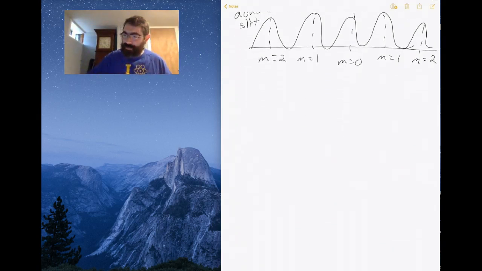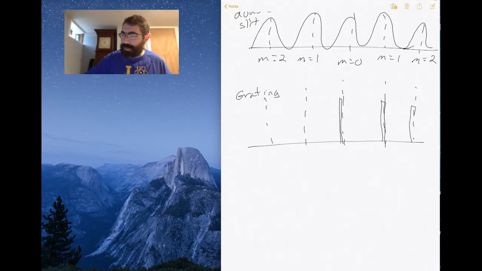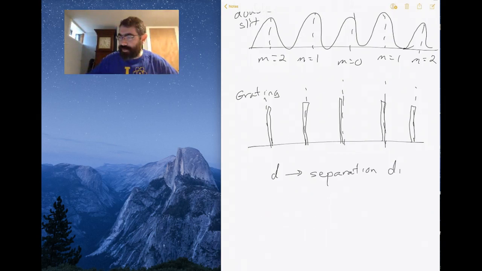Now with the grating, I get the exact same pattern, but now I just get a line right here. So I can use the exact same equations that I had for double slit, and it's still the same spacing between the slits. d is still the separation distance between slits.